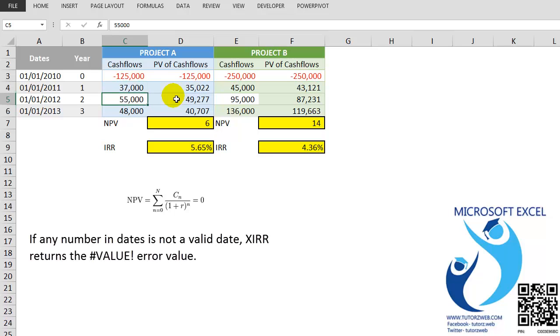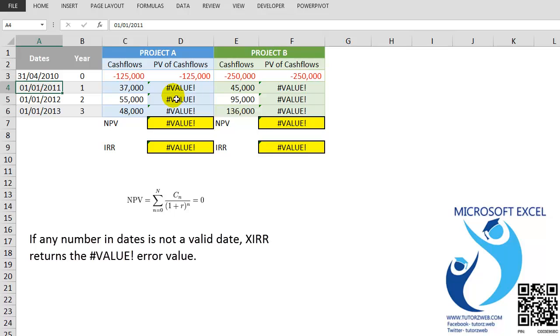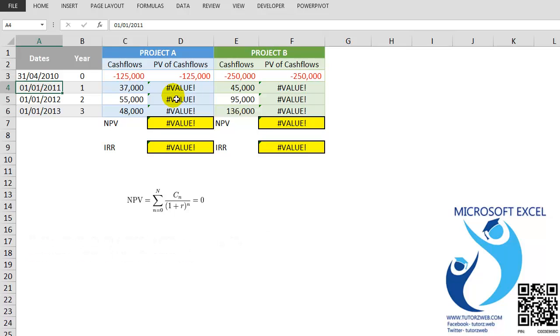The second point to note is, if any of the dates is not a valid date, then XIRR will return a #VALUE error. Suppose I change the date to 31st April, which is not a date, I'll get a value error.